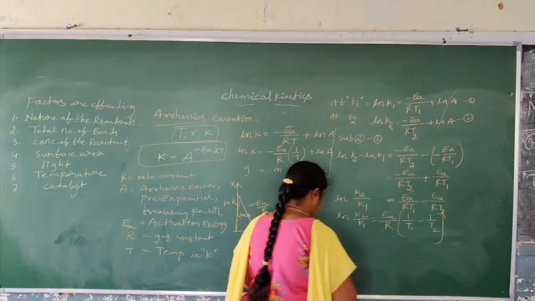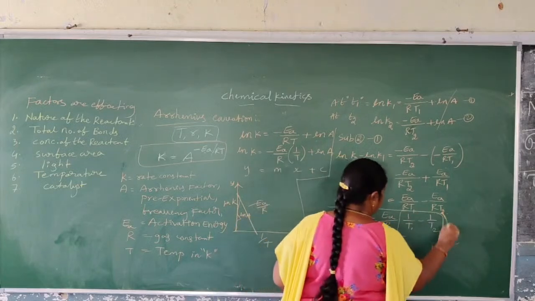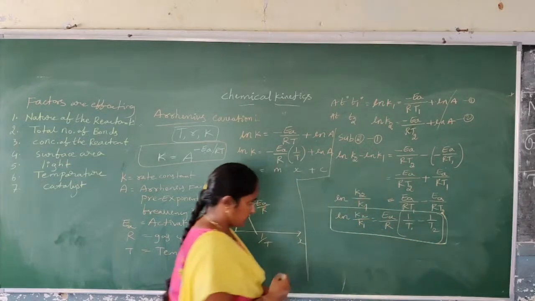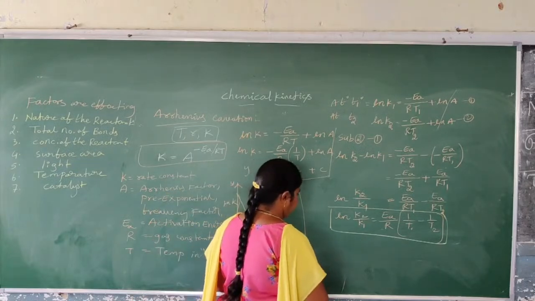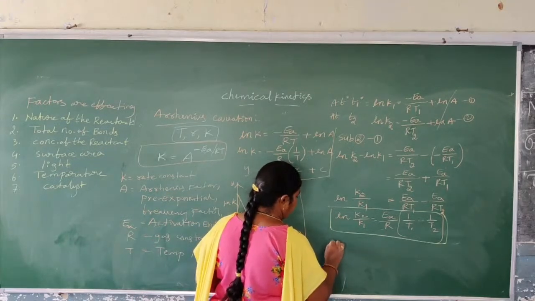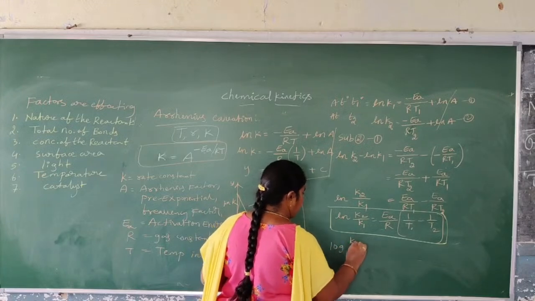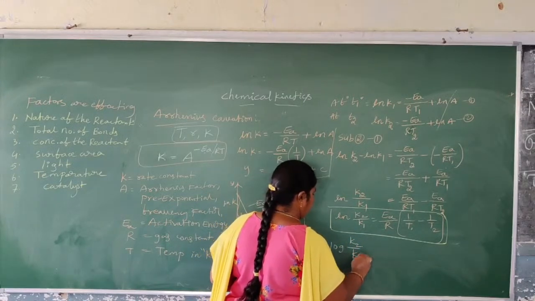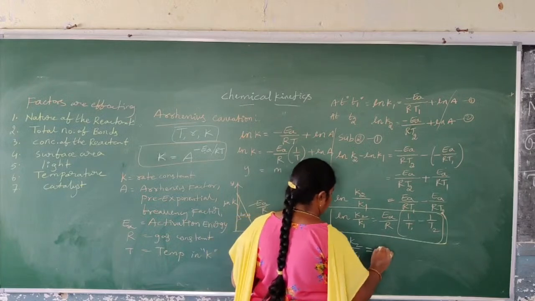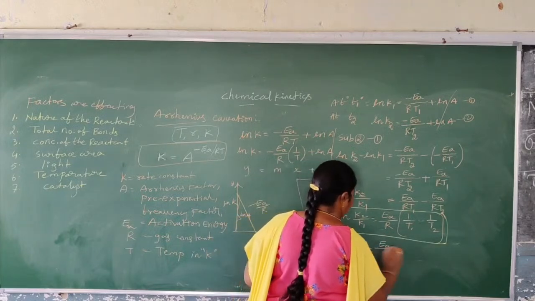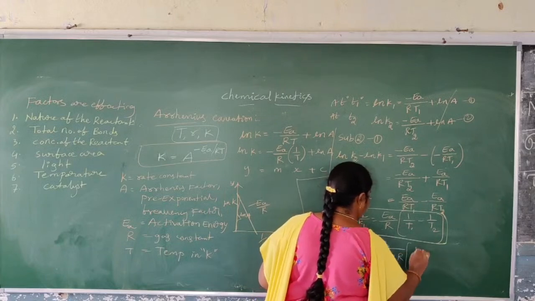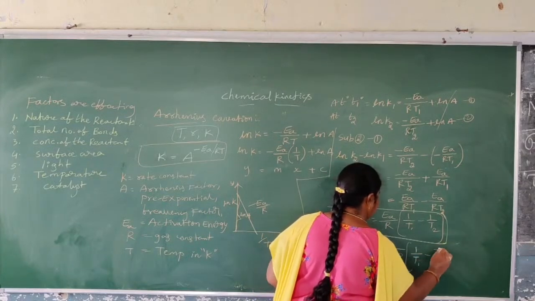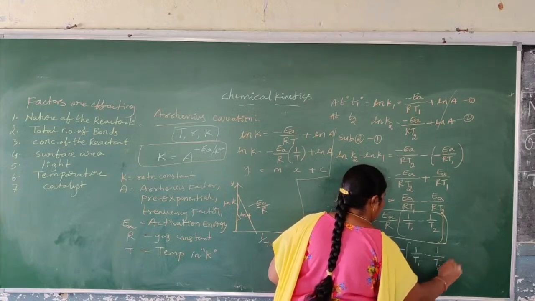That is in natural log. If converted into log base 10, log K2 by K1 equals EA by 2.303 R times (1 by T1 minus 1 by T2).